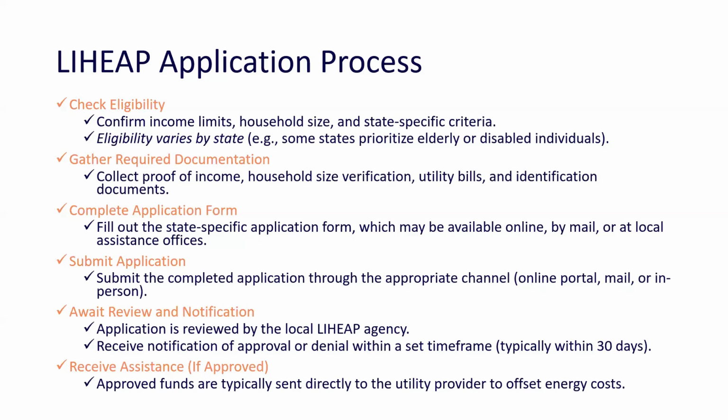When it comes to income, they look at everybody over the age of 18 that is working. That income will be considered as part of the eligibility. So just FYI, confirm the income, confirm the household, and your state-specific or even your county-specific criteria.